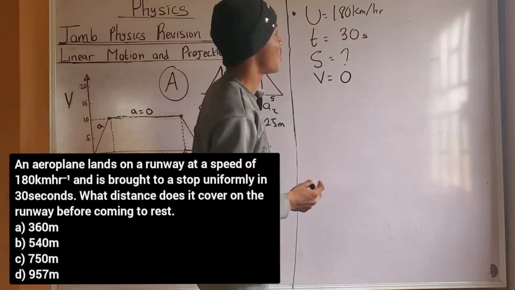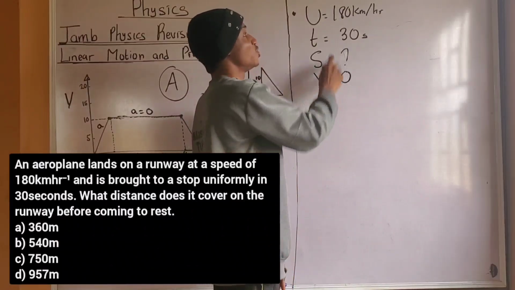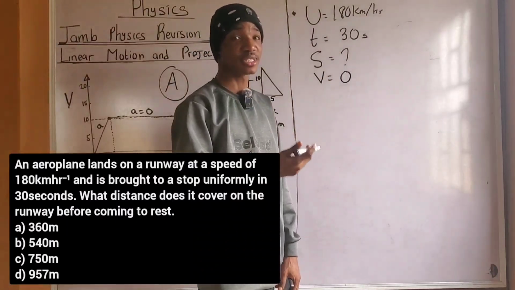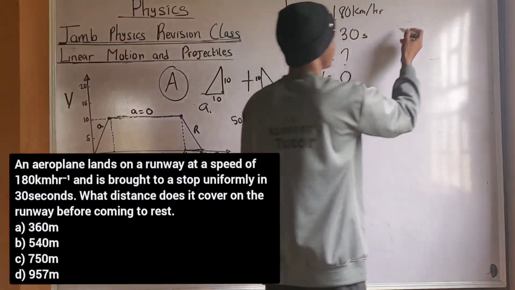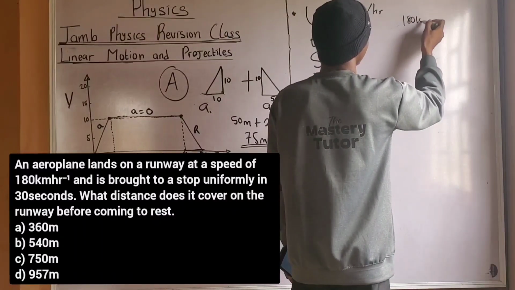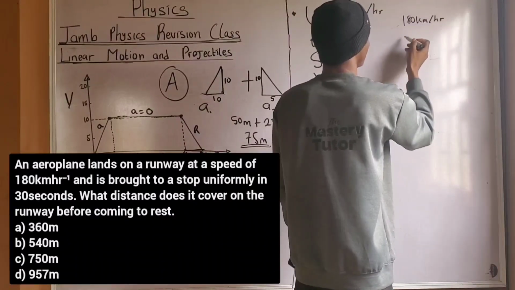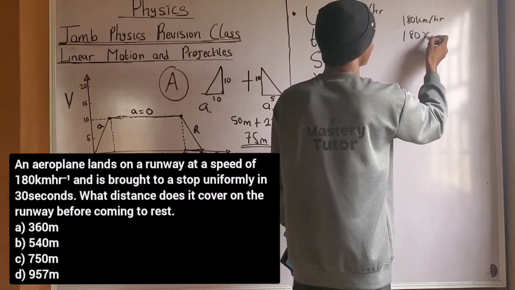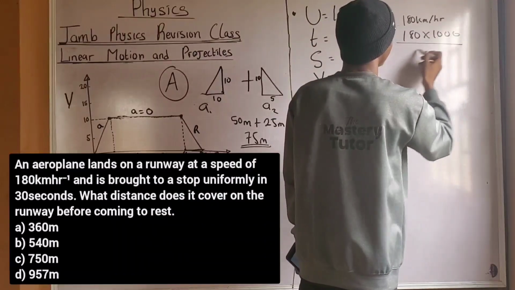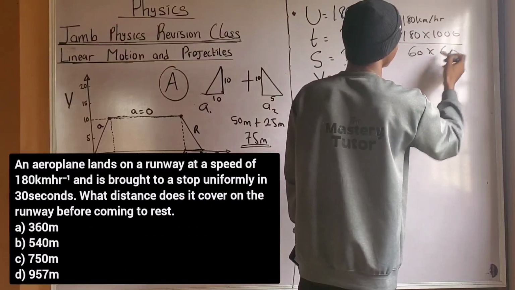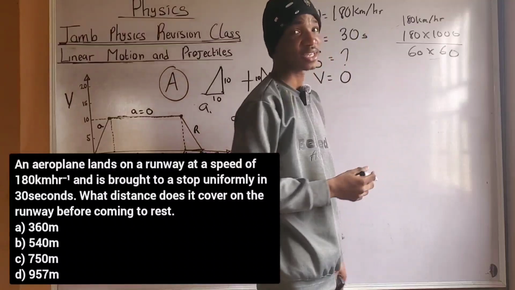Okay, now having understood that V equals 0, you go back to this and change this to meter. 180 kilometer per hour, change it to, you're going to have 180 times 1000 all over 60 times 60, right? You want to change this to meter per second, okay?